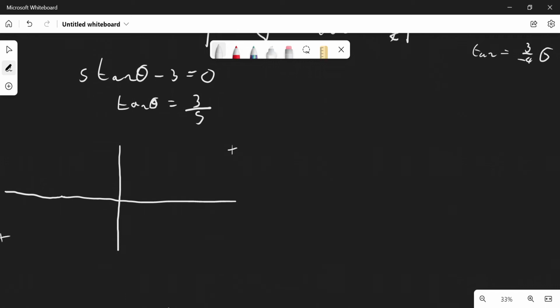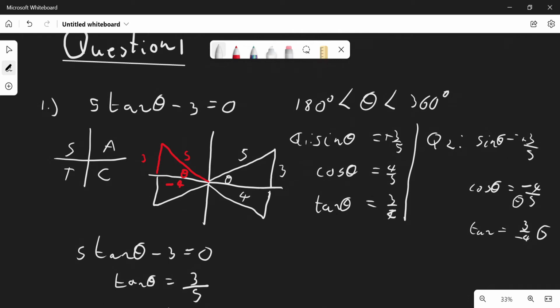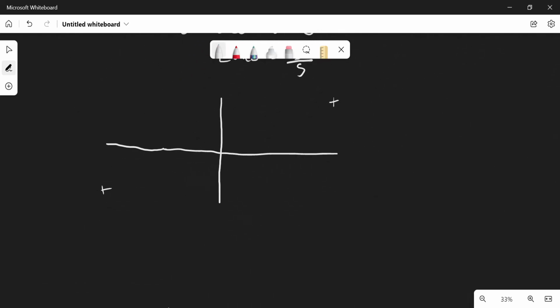Which one of the two is it? We look at our condition here. We know that theta is between 180 and 360, so 180 is here and 360 is here. So it can only be this quadrant here.